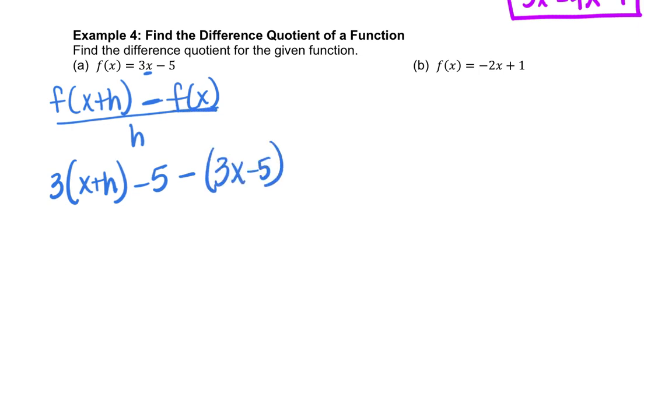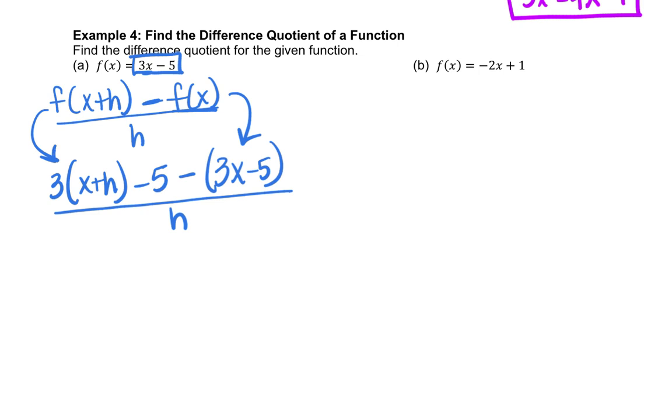Because it says f of x, well, f of x is 3x minus 5, so we're replacing that. And then this one is f of x plus h, so I had to replace the x with x plus h. And it's still over h. That didn't change.